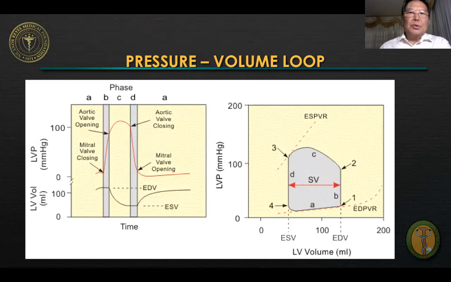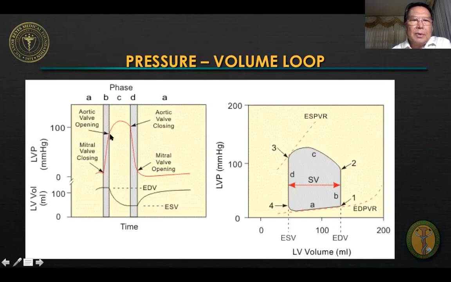Now let's go into the so-called pressure volume loop. If you recall, these are your tracings inside the left ventricle as far as the pressure inside the left ventricle is concerned. These are the corresponding sounds that you would hear as the mitral valve closes, right?